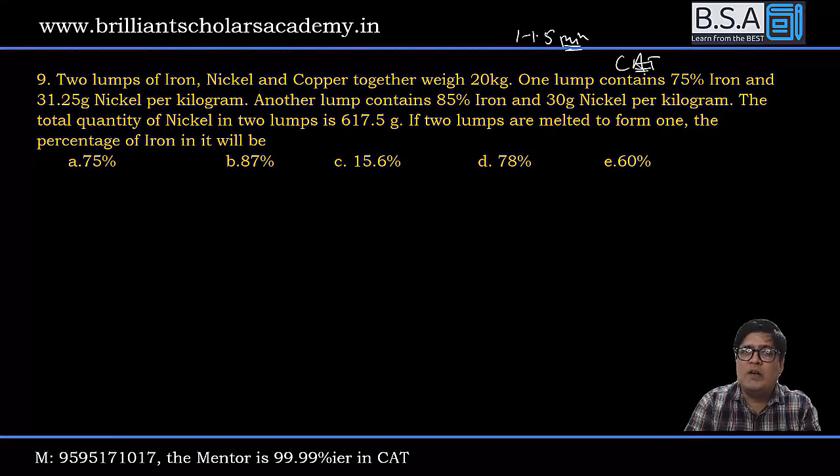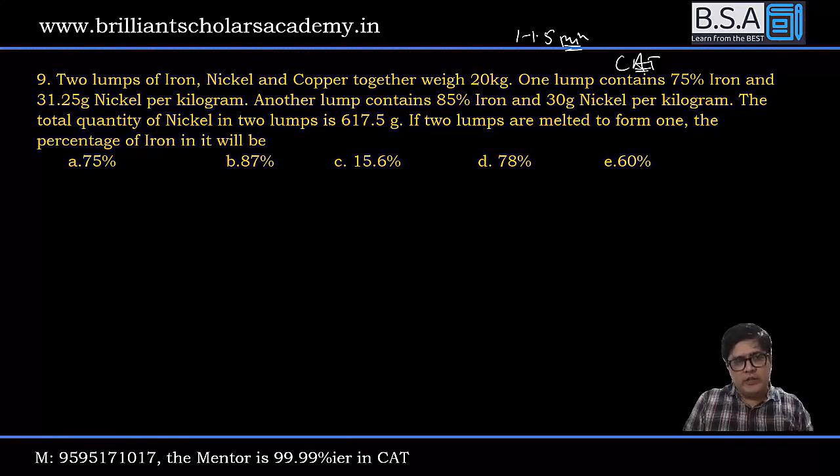Total quantity of nickel in the two lumps is 617.5 gram. If two lumps are melted to form one large lump, the percentage of iron in it will be. Kitna iron hoga if you mix the two?